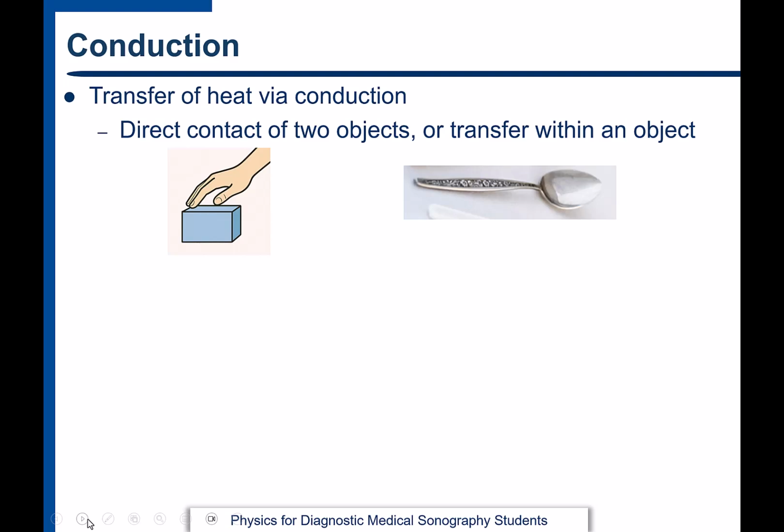But we also mean transfer within an object. So for example, let's say that I took a lighter and I held it up under one end of the spoon. As the spoon gets hot down here, that heat will transfer throughout the spoon, and the entire spoon will get hot if I hold that lighter on long enough.